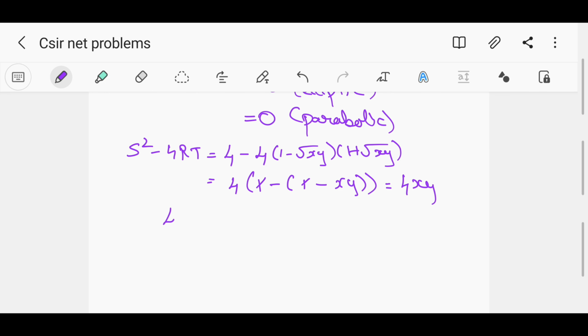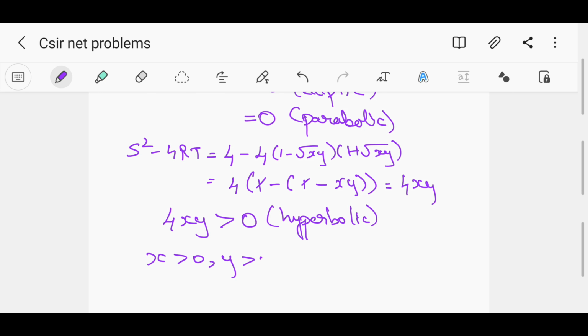Therefore, if 4xy is greater than 0, then we say our differential equation is hyperbolic. When will 4xy be greater than 0? There are two conditions. If x and y both are greater than 0, we will have positive, so 4xy will be greater than 0. Or if x and y both are less than 0, then we will have negative into negative, which becomes positive, so again 4xy will be greater than 0, hyperbolic.